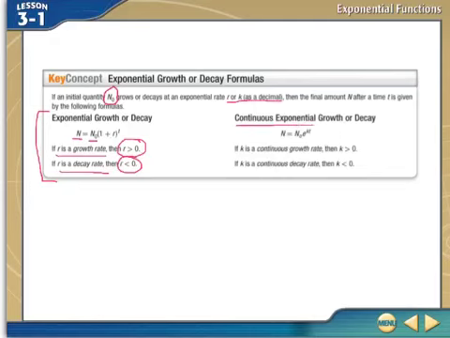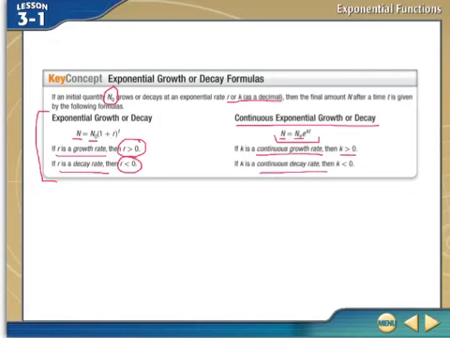For continuous exponential growth or decay, that looks similar to our continuously compounded interest formula. N is the amount of the substance when n0 is your initial amount. E is still 2.71. K is your continuous growth rate or continuous decay rate.